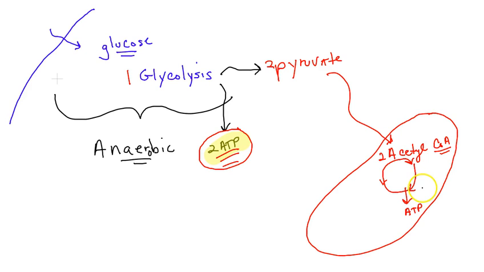But what we're really doing is basically using these carriers, okay? We have NAD and FAD basically pulling these electrons along. So we have the NADH, NAD plus, and then we have the FAD, FADH2.